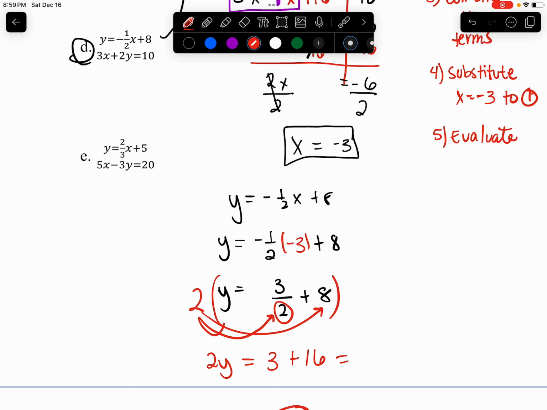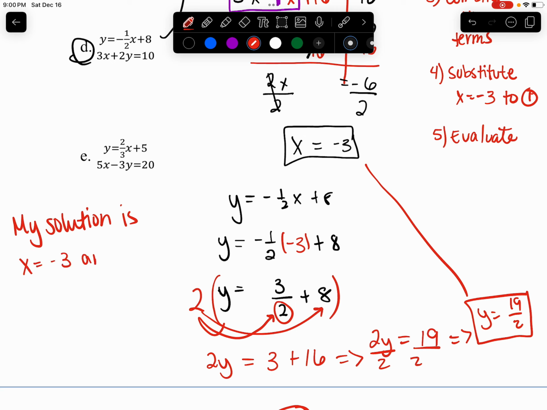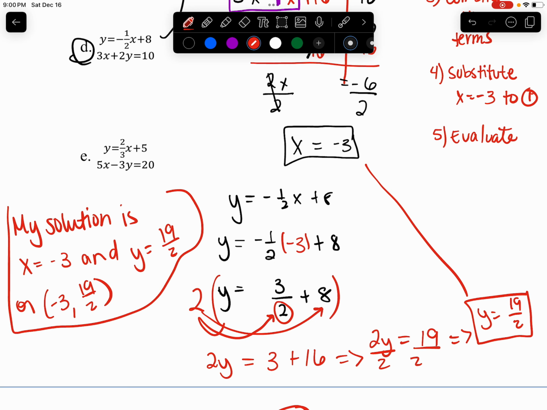So that's 2y equals 19, divided by 2. y equals 19 over 2. Okay, so these two would be your solution. So my solution is x equals negative 3 and y equals 19 over 2, or negative 3, 19 over 2. Yes, so this is my solution.